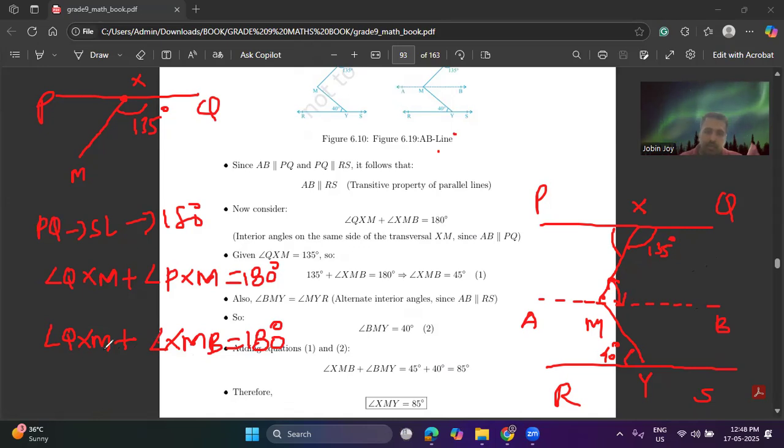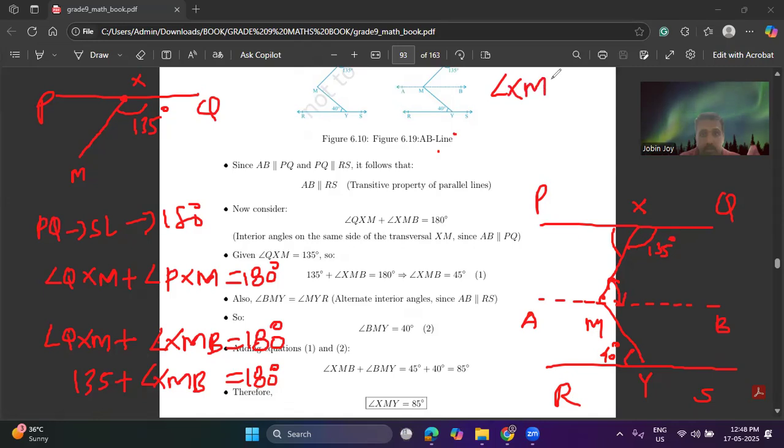We know QXM is 135. So 135 plus angle XMB is equal to 180 degrees.